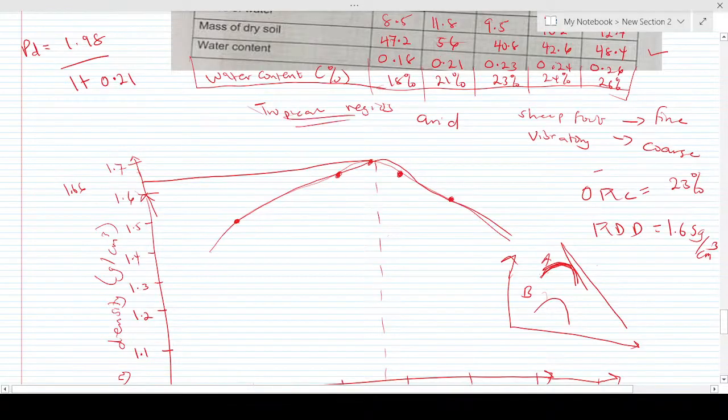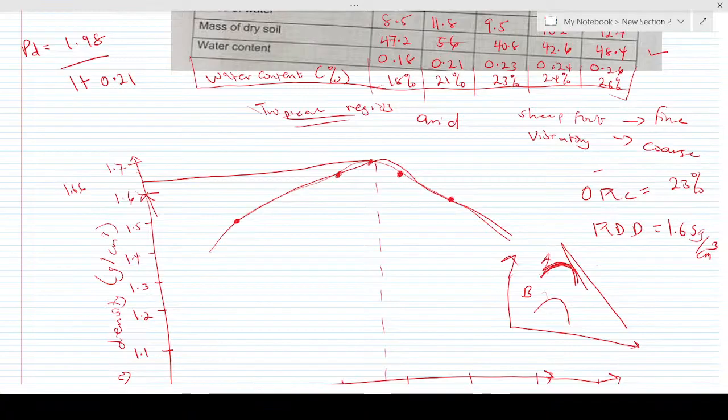And then the shrink swell potential: Montmorillonite has a high shrink swell potential compared to illite and kaolinite. You know that Montmorillonite is also known as smectite. Check all those things as well. Then I think you'll be fine.